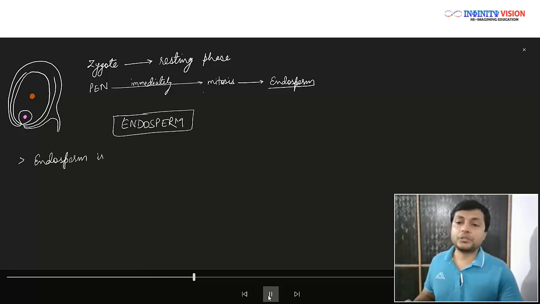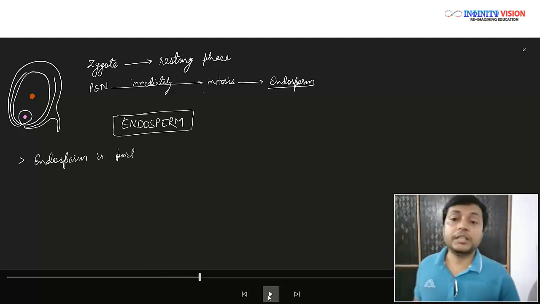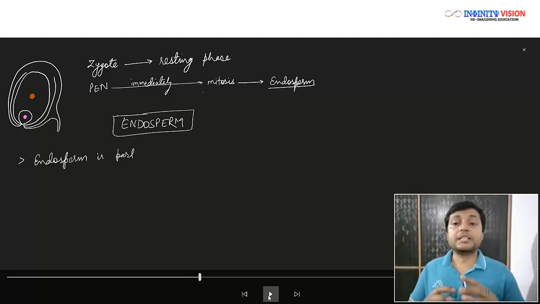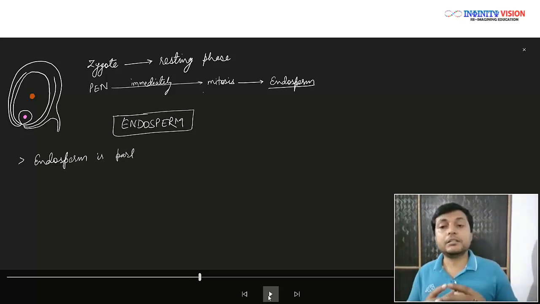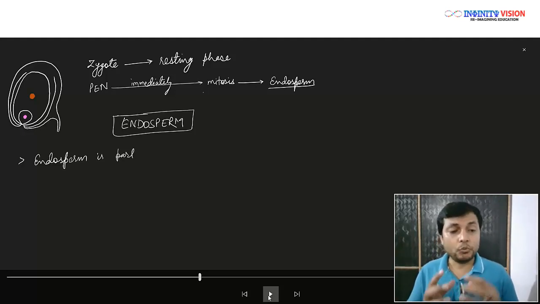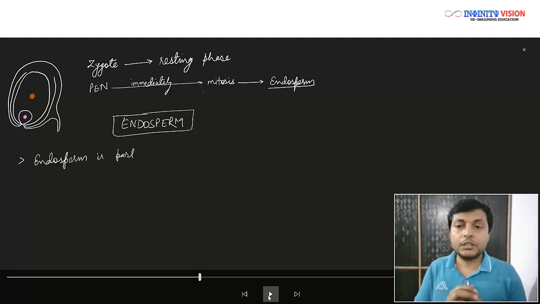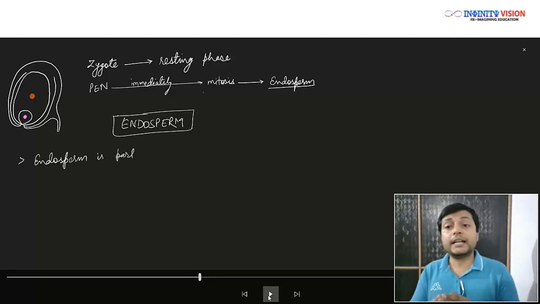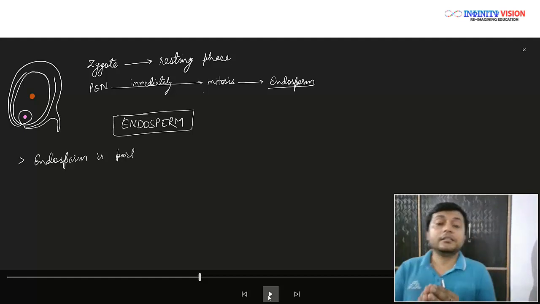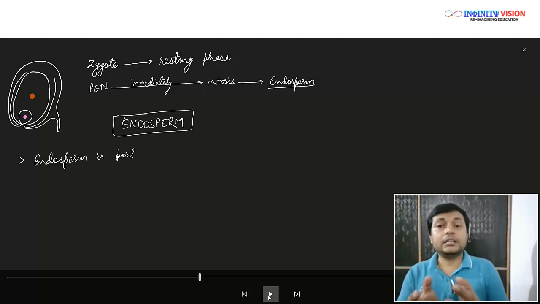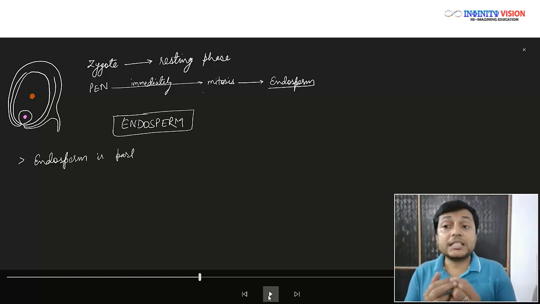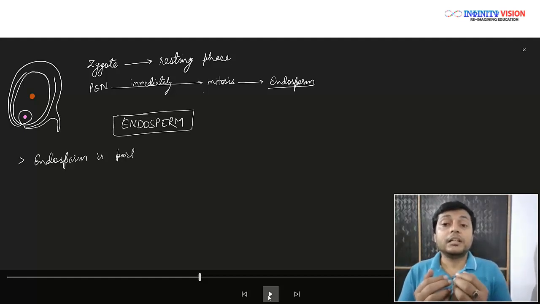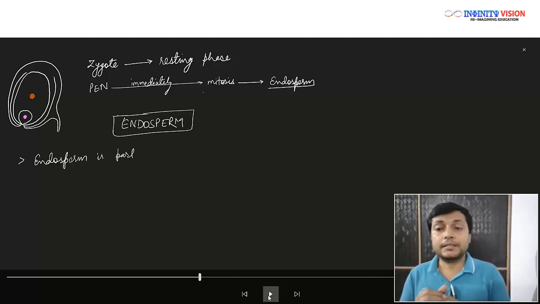Right? So when we are talking about endosperm, let me tell you, endosperm is a nutritive material, or you can say it is the food store of the seed. Okay. Now, what the plant does is it packs enough food into the seed so that the seed can nourish itself until it grows its own leaves and starts to do photosynthesis.